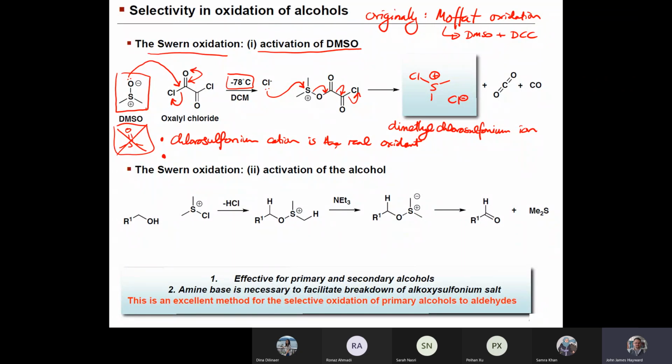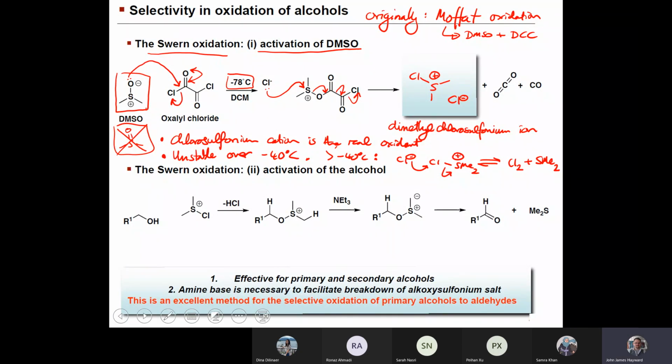The only thing to remember is that chlorosulfonium is unstable over minus 40 degrees C. At greater than minus 40 degrees C, what happens is that the chloride minus can attack the chloride of the chlorosulfonium to give chlorine gas and dimethyl sulfide.